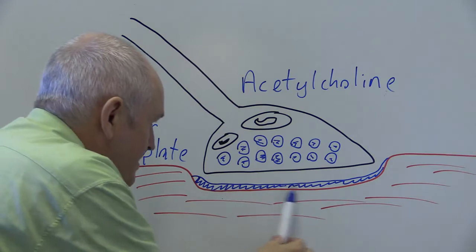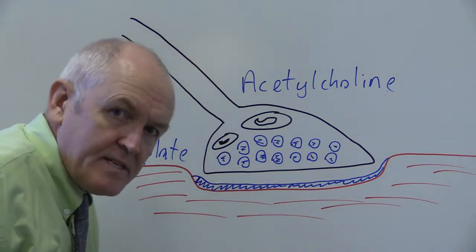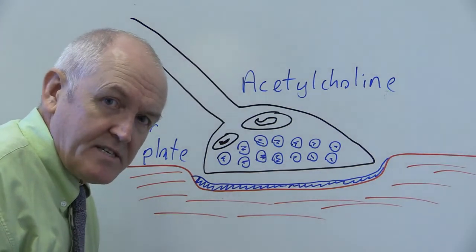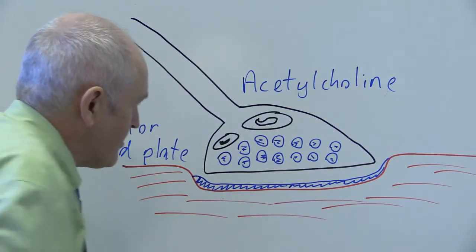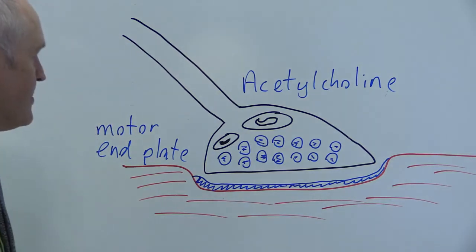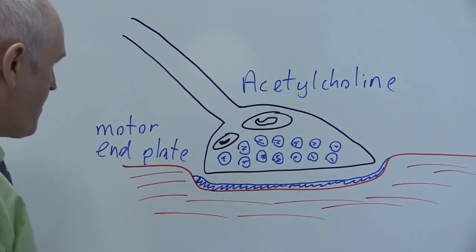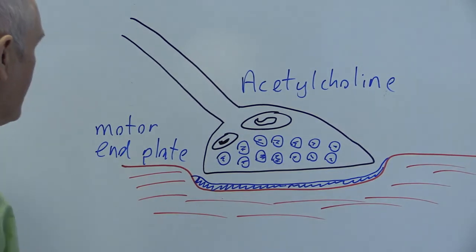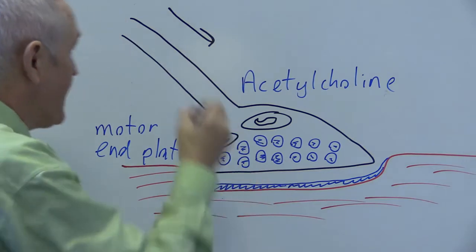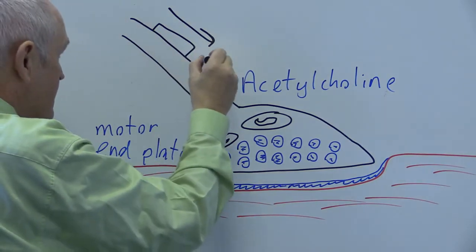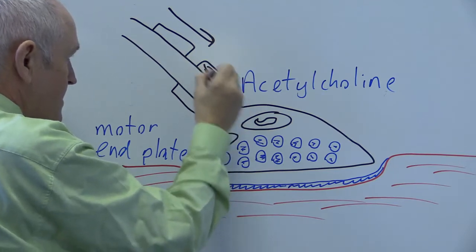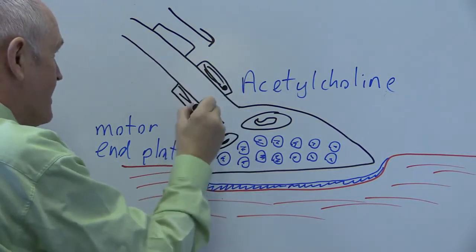And this motor end plate is important because this is what contains the receptor molecules, or the receptor sites, for the acetylcholine. So when an electrical nerve impulse comes down the axon, this is going to be very probably myelinated, of course, with the Schwann cells surrounding.